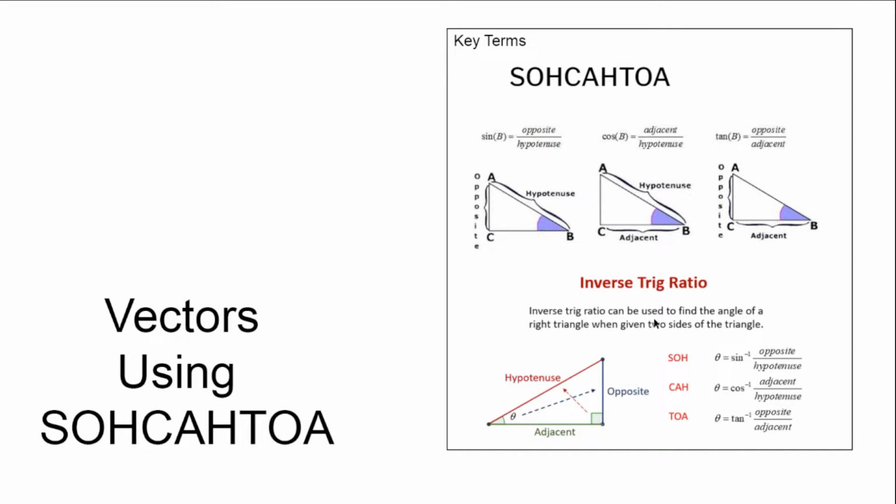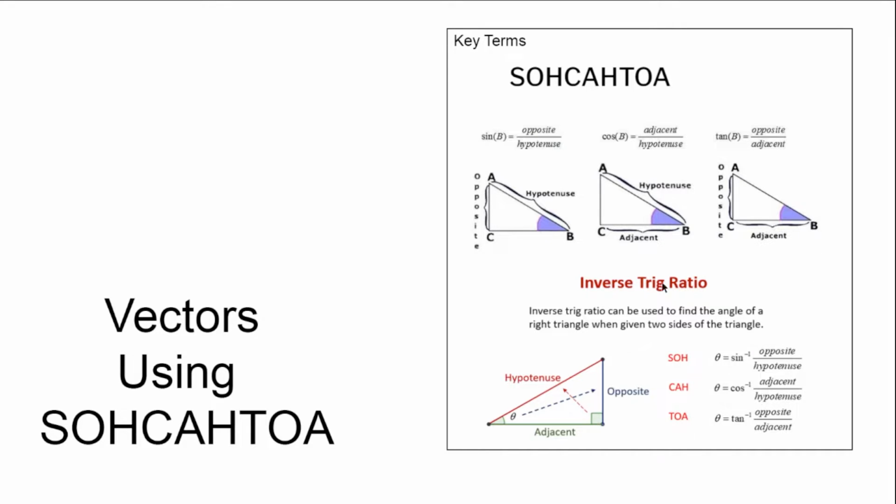So if we look at inverse trigonometry, this is now showing the opposite of this. Instead of us finding these values, we're actually using these values to find the angle. So if, let's say, this angle is 35, we could plug that into tangent, opposite over adjacent, and if we're just finding opposite, we can do x over whatever times tangent 35.